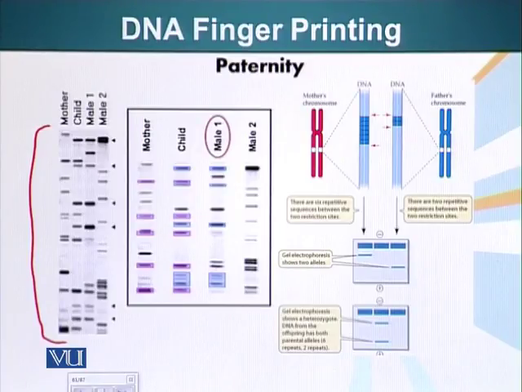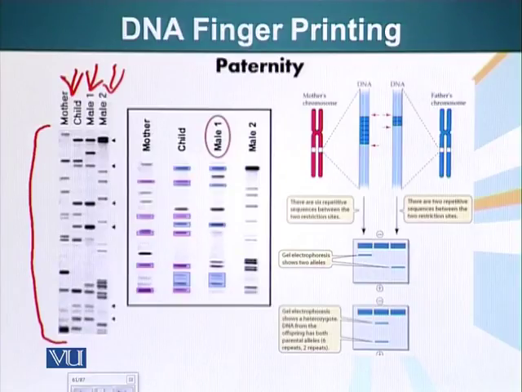So we take the mother's DNA sample, we run this procedure, we get the VNTR bands, we repeat the procedure with the child, and the probable fathers of this particular child. And now we see if this child is actually son or daughter of male 1 or male 2, it will also have some of the bands from that male.